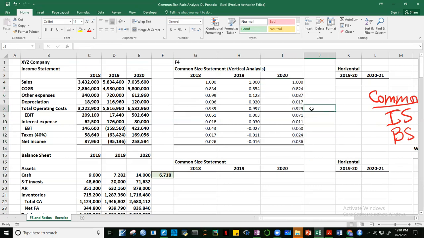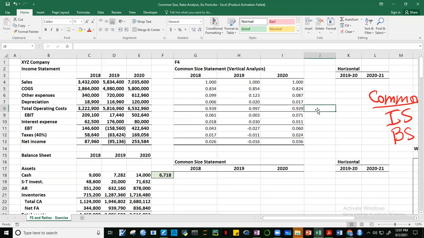Noong 2020 guys, ang cost ratio natin is 93 centavos, 93%. Ano ibig sabihin nun? Sa bawat piso ng sales natin, around 93 centavos doon yung cost. Tapos, ang profit margin natin is 3.6 centavos. Ibig sabihin nun, sa bawat piso na nabenta natin, 3.6 yung bottom line natin, yung kinita ng company. Okay?